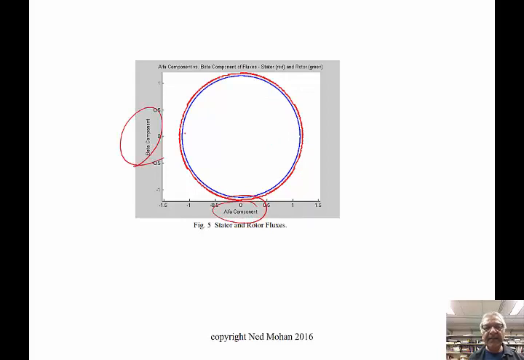So this is basically it, and this is quite a common way to control induction machines. If you use this approach, one of the drawbacks, as one may say, is that the switching frequency of the inverter is not constant. But there are other ways to get around that as well.